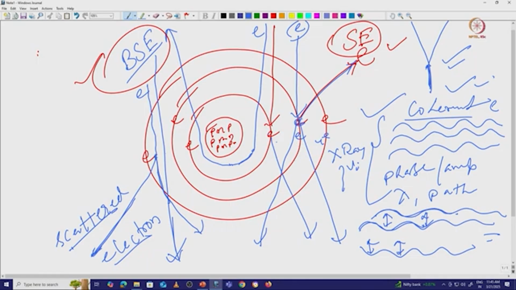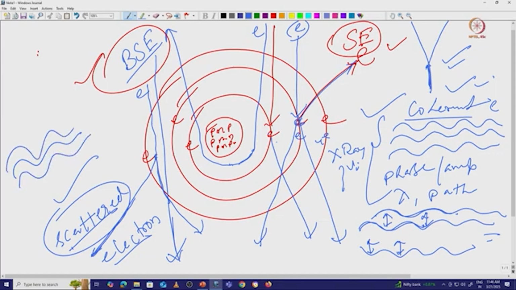Most of the cases those are elastically scattered electrons. These are called elastically scattered electrons because there is no energy loss and they maintain the amplitude, path, phase, and they are coherent.